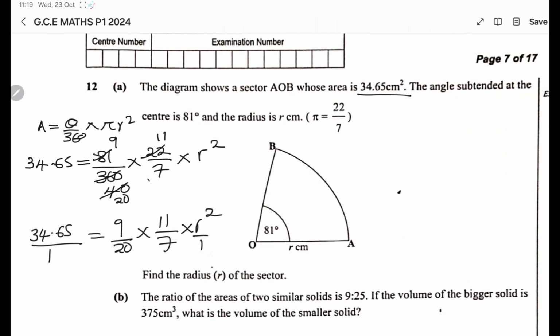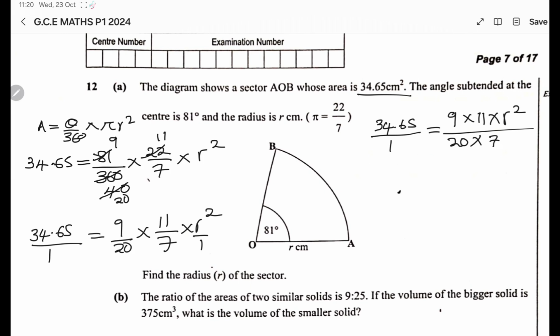This can also be written as 34.65 over 1 equals, and I would advise you not to do any multiplication, just write them the way they are. So this is 9 multiplied by 11 by r squared over 20 by 7 by 1. By 1 we know it is just the same.